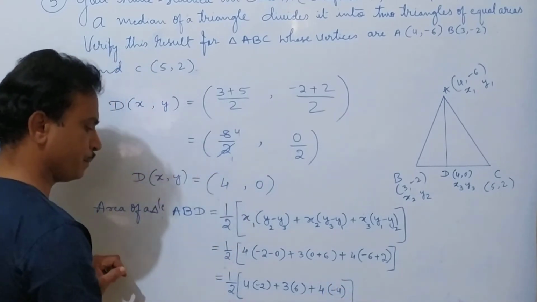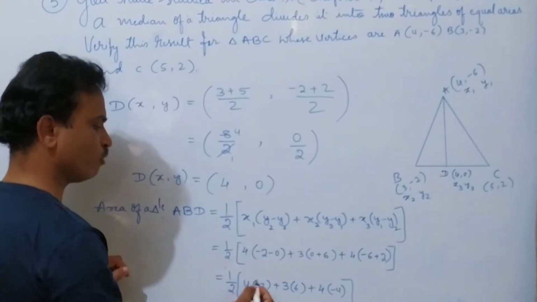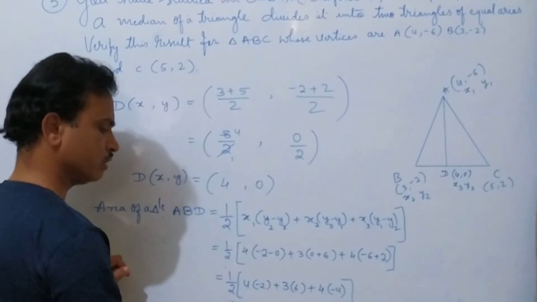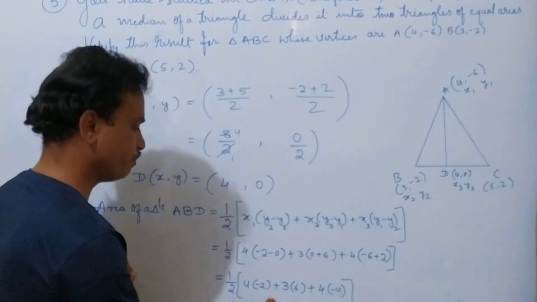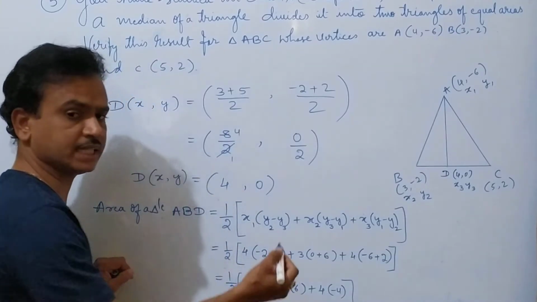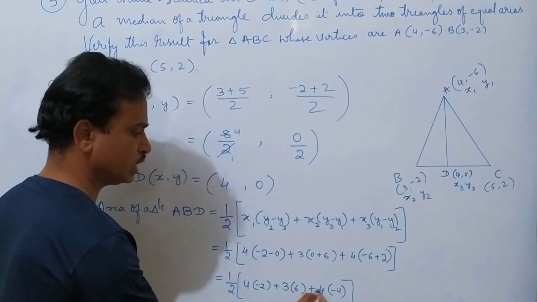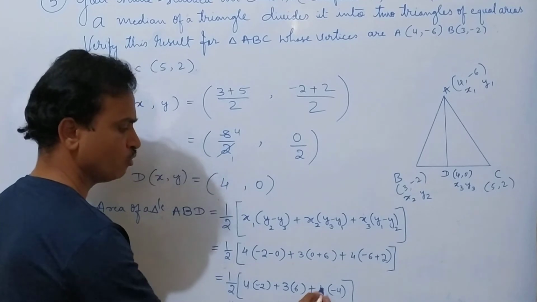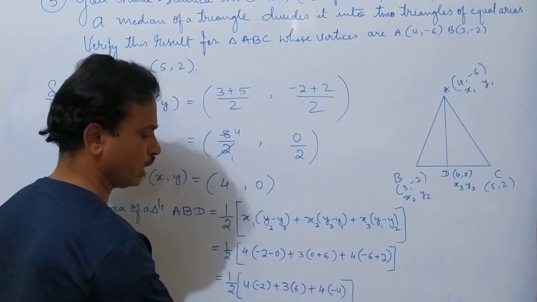Then 1 by 2 as it is. Multiply: 4 2s are 8, that is minus 8. Then plus 3 6s are 18. Plus into minus is minus, 4 4s are 16.